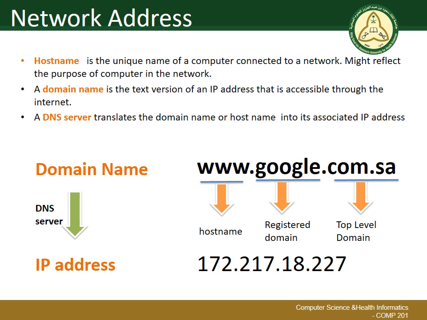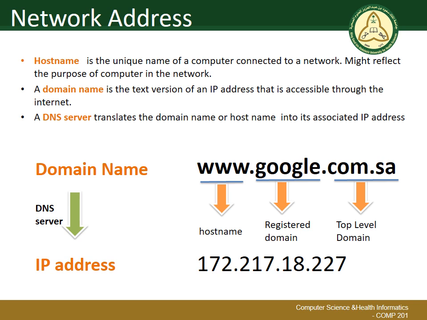Network address. Again, there is something called host name, domain name, and DNS. The host name is the unique name of a computer connected to a network. It might reflect the purpose of the computer in the network. When I say host name, for example, I say www, the World Wide Web.